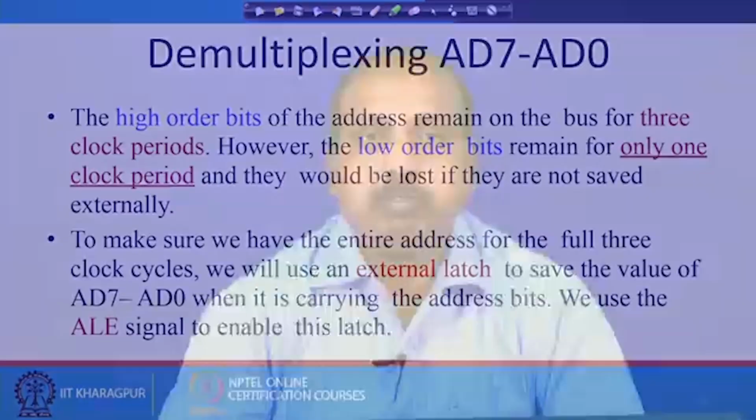Externally we can use this ALE signal to latch these values A0 to A7 into a temporary register, and even when the ALE signal is taken off, the value remains latched there, and from the temporary register we can drive the address lines for the memory.